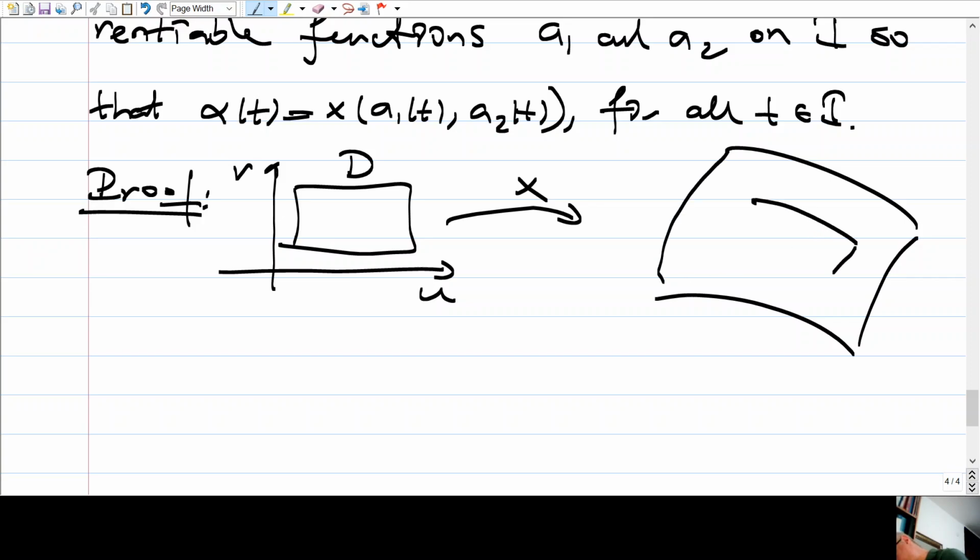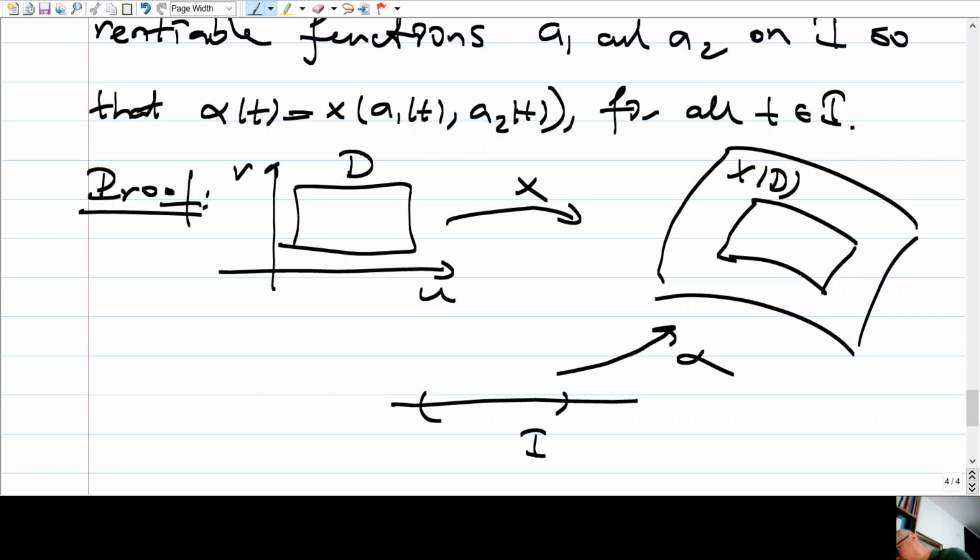Suppose the image is this, x(D), and here I have some interval I and a curve alpha here. Let's say this curve alpha is this, its image lies here. Then the lemma tells us the following.